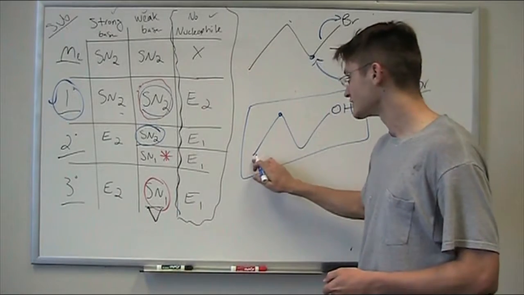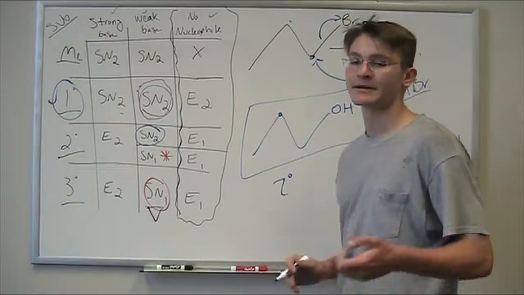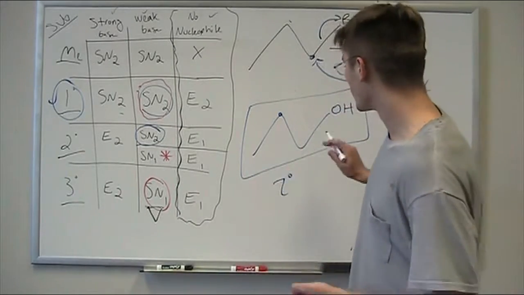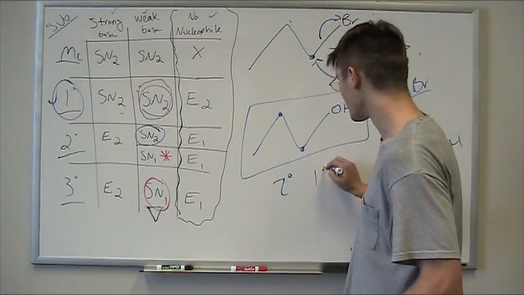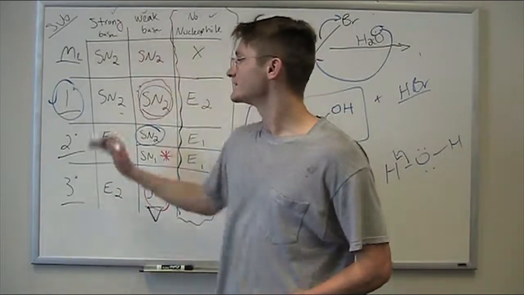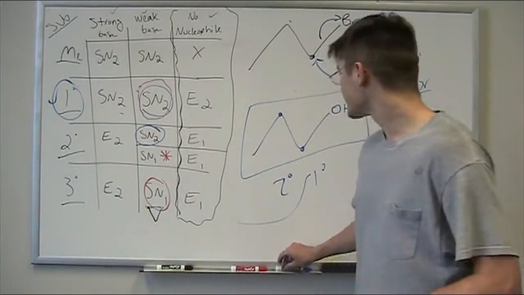So this carbon is attached to 2 carbons, so it would be a 2' carbon. I just want to get you familiar with it, but you need to be able to identify which carbon's which. This carbon would obviously only be a 1' carbon, which is why we did only 1'. But anyway, this is the table that you need to follow and look at for advice.